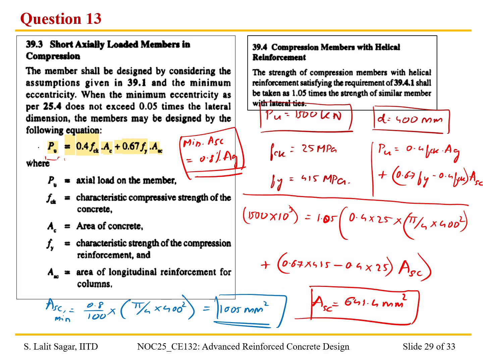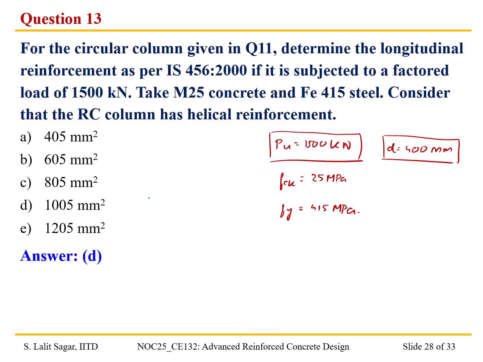So the ASC that we obtained for the design is not even qualifying the minimum area of steel, that is 0.8% of the gross cross-sectional area. So we're going to provide a minimum area of steel for the circular cross section, which is 0.8% of the gross cross-sectional area, which corresponds to 1005 mm square. Okay, so option D is the correct response.